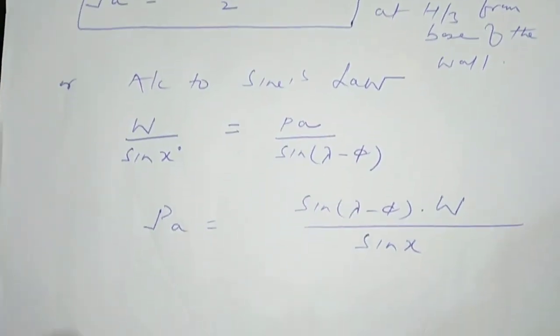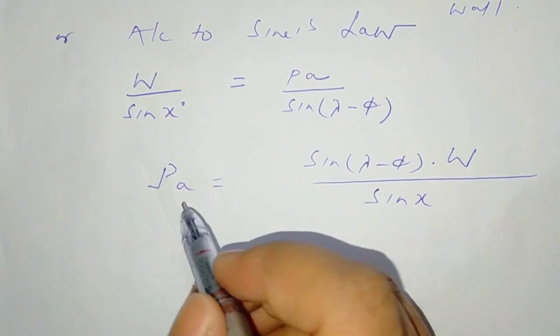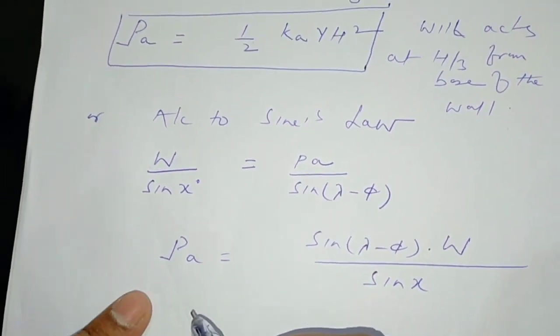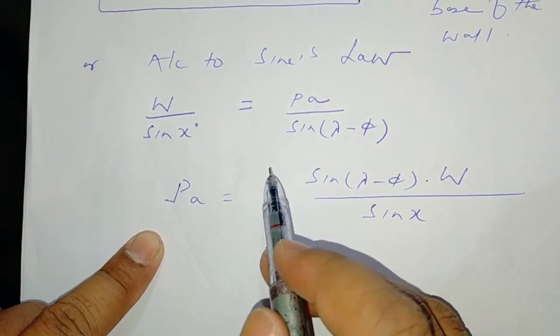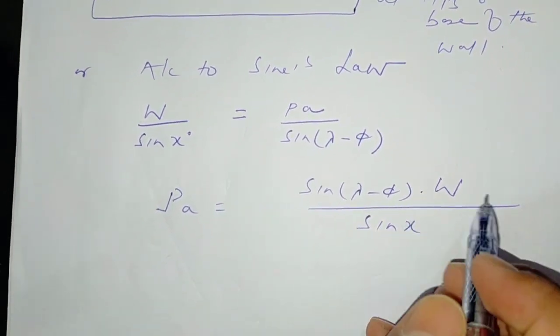Once we solve this equation, the value of active pressure should be minimum. So dPA by d theta should be minimum.